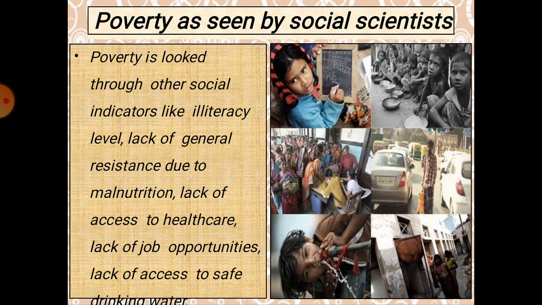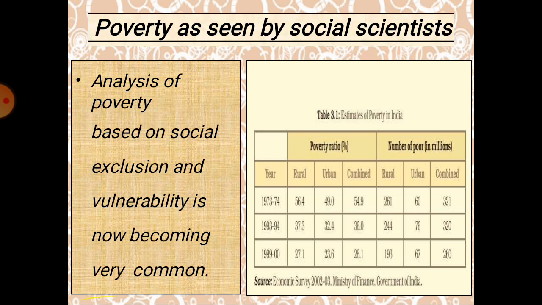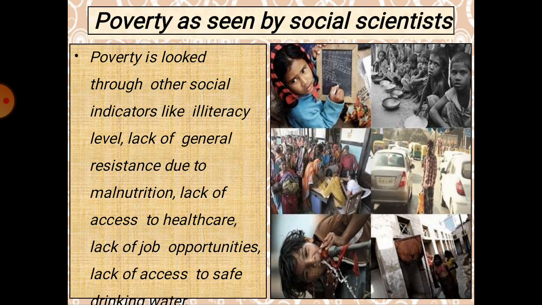And they do not have proper job opportunity, lack of job opportunity, and lack of access to safe drinking water, which we saw previously. So the social scientists are stating that people are not classified based on income and consumption alone.